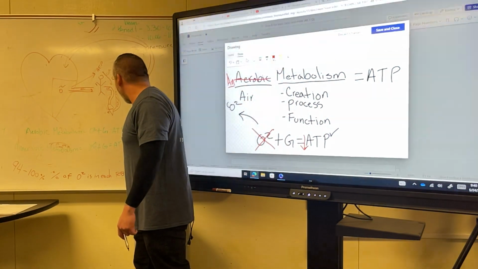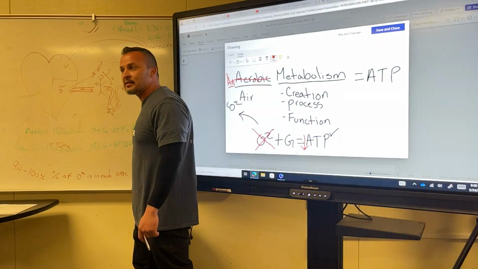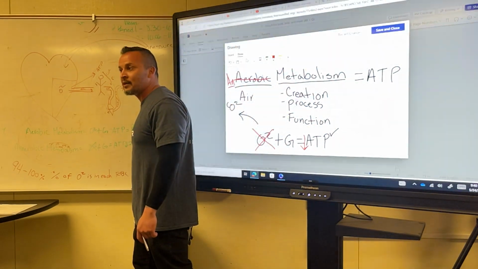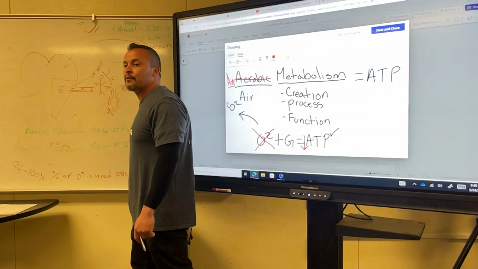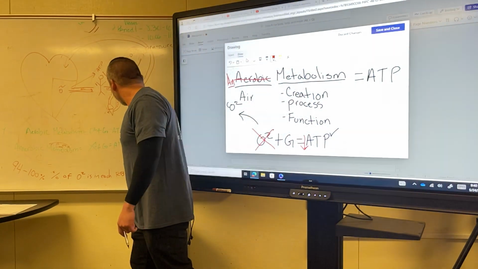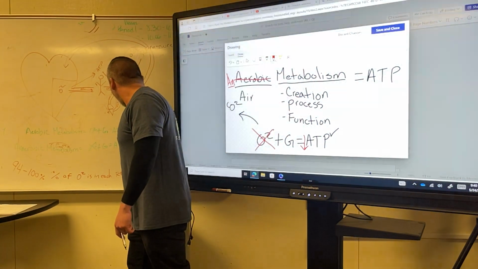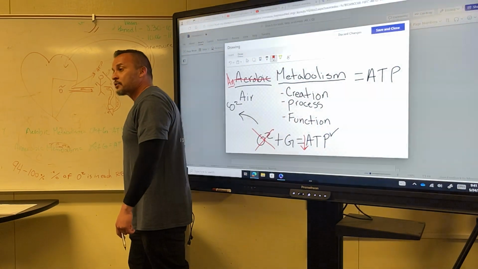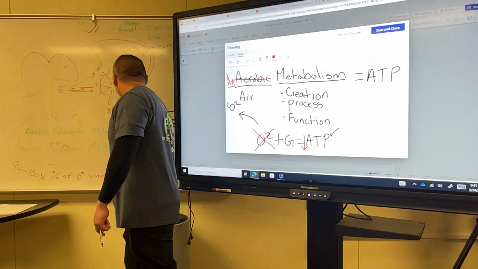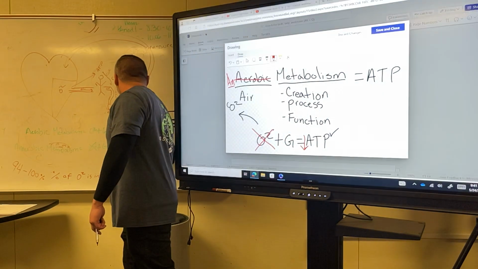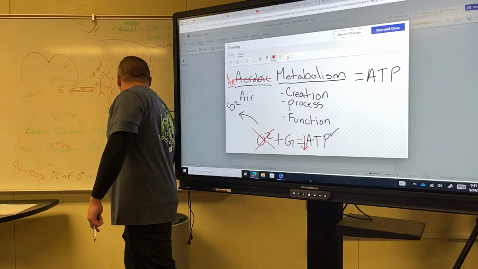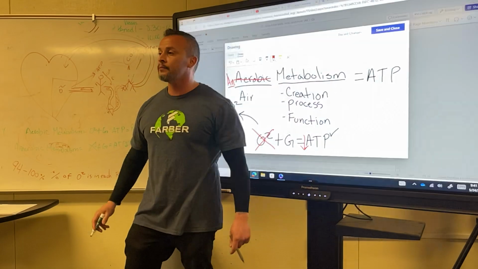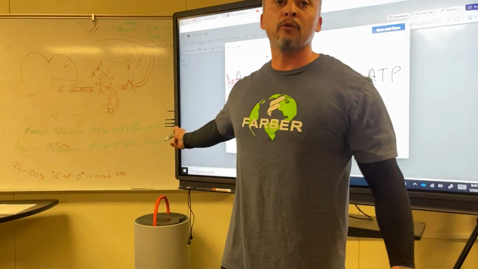And we call that hypoperfusion, below normal perfusion. The circulation rate is low, slow. Okay? Hypo means low or slow perfusion. Not normal, not good. Death. This equals death.